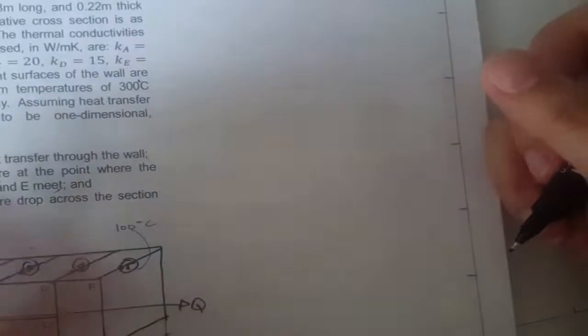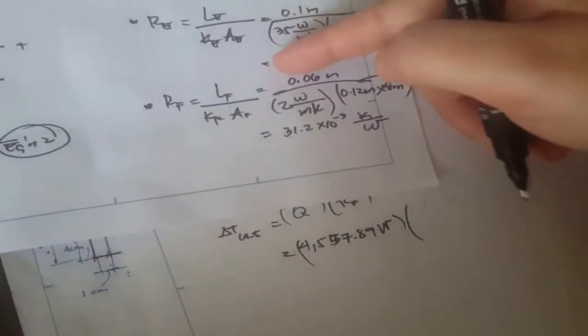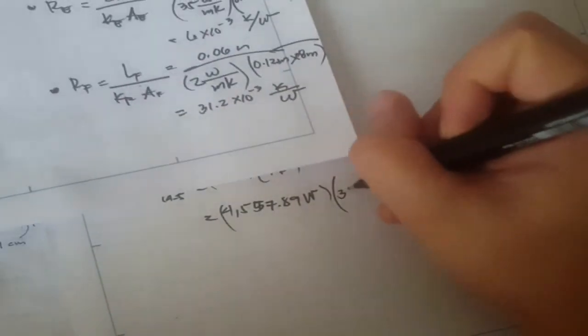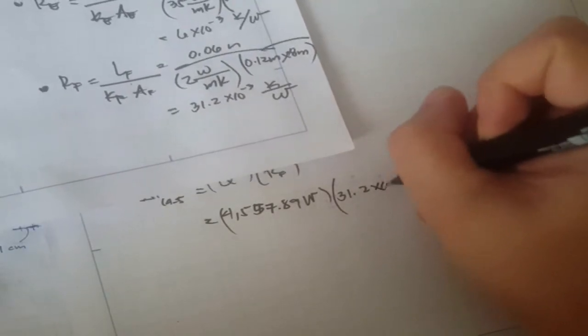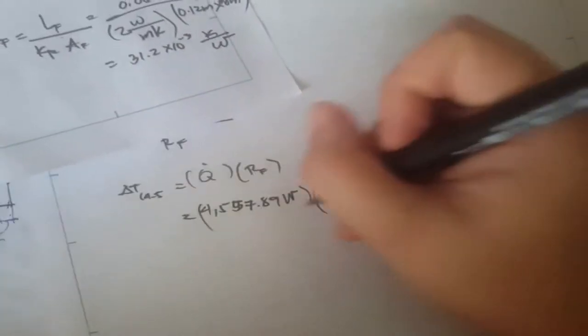Where is our RF? This part here. Our RF is 31.2 times 10 to the negative 3 kW.